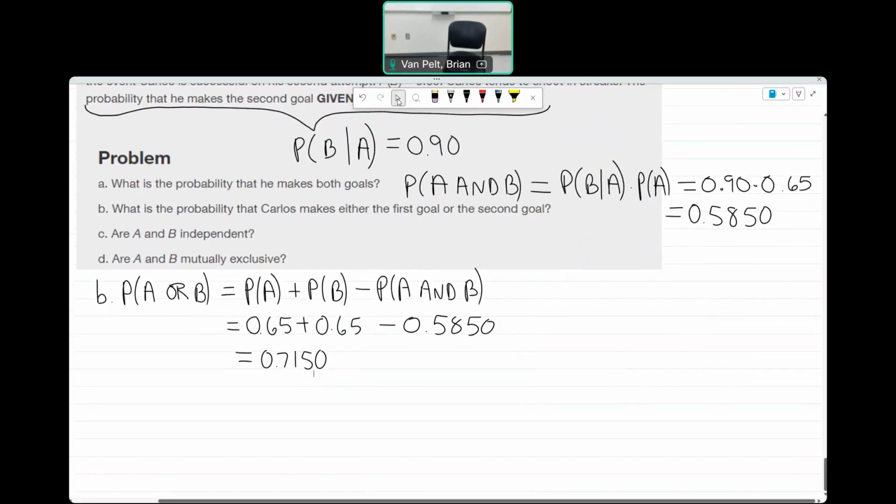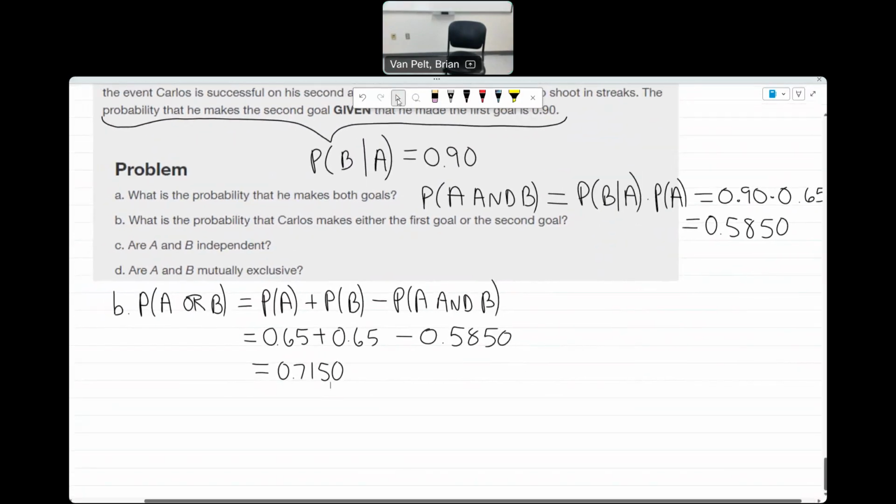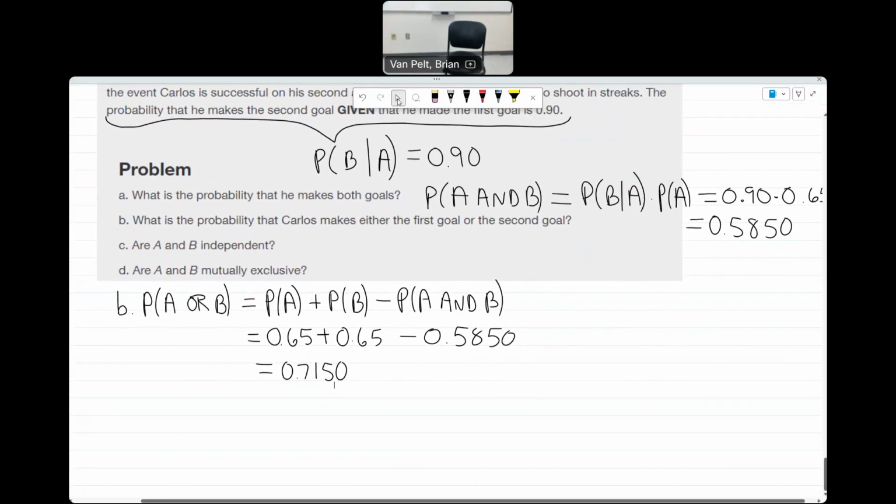Are A and B independent? So that's what they're asking you.